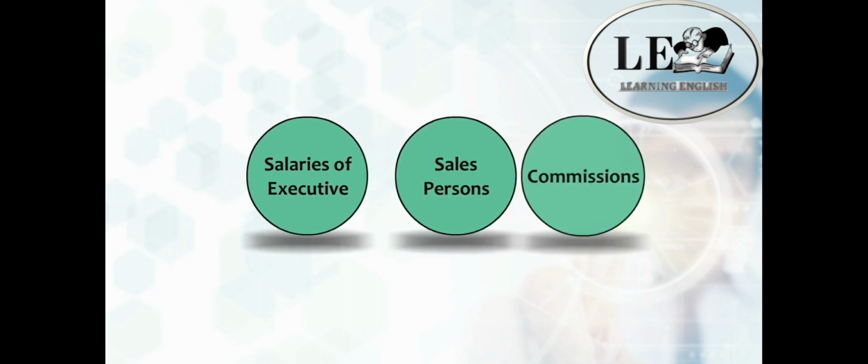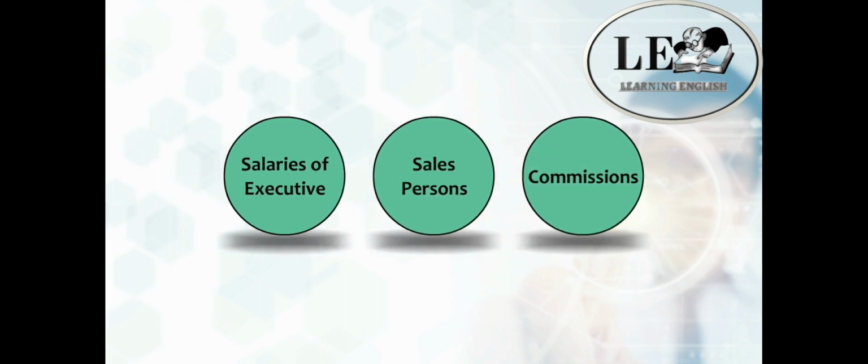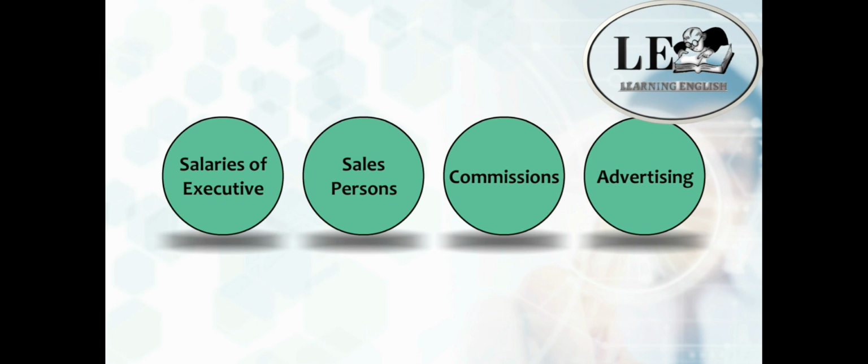It does not include salaries of executives, salespersons, commissions paid to the sales team, advertising, utilities paid for the administrative building or any other structures constructed for business purpose. These are not directly involved in the manufacturing of a product or delivery of a service.